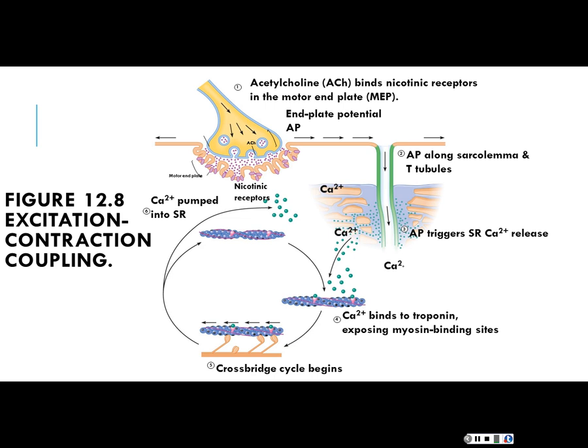And once calcium's back in the sarcoplasmic reticulum, the muscle should relax. The muscle cell should be able to contract when calcium's in the cytosol, but if it's out of the cytosol, it's going to relax.